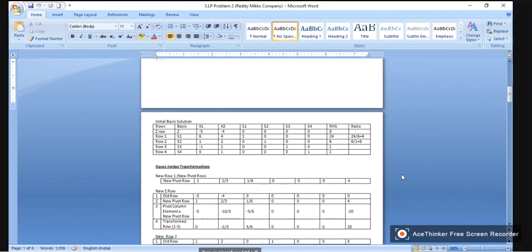For the numerical problem, you should also find the solution using graphical method. Students, have you got clarity? For the numerical problem, we have to find the solution by graphical method and simplex method. For the diet problem, you have to find the solution by simplex method.